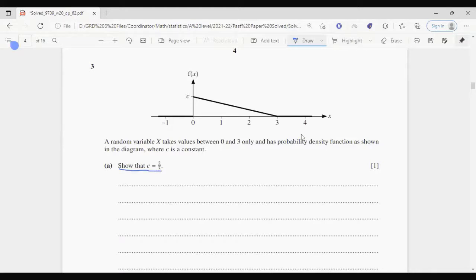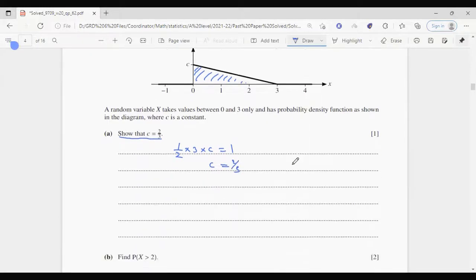As we know that it's a PDF function, the whole area is going to be 1. And since this shaded region is a right-angled triangle, we can use the formula of a right-angled triangle. Half times 3 times C is 1, and C will be 2/3. So that's the first part.